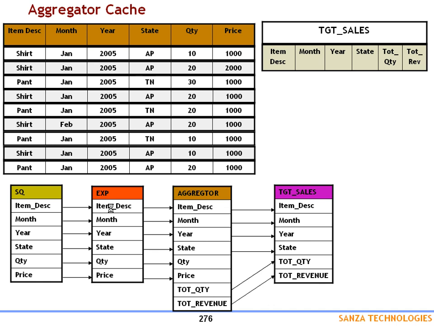It will give you incorrect data. How? Assume you have enabled sorted input, but you haven't ensured data coming into the aggregator transformation is in order. What will happen?